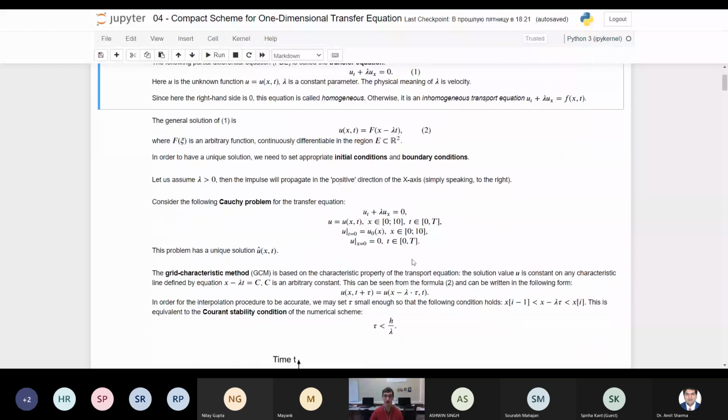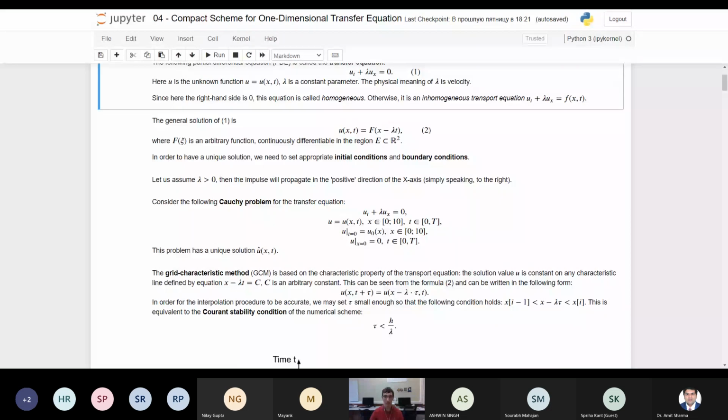Time changes from 0 to some t, and x here is in the line segment from 0 to 10, but obviously we can choose arbitrary bounds of the region.